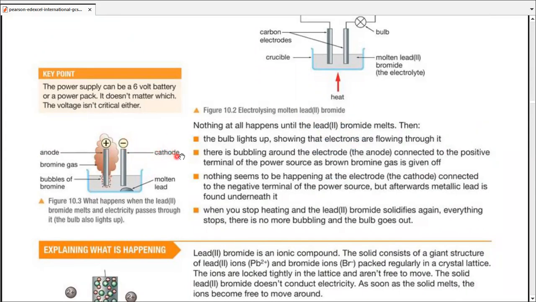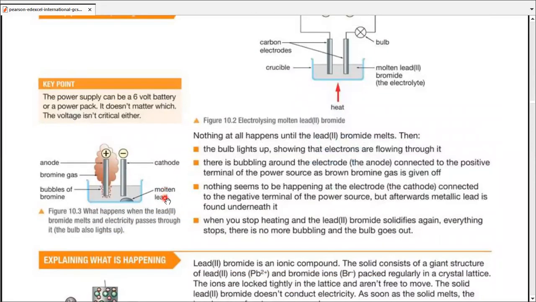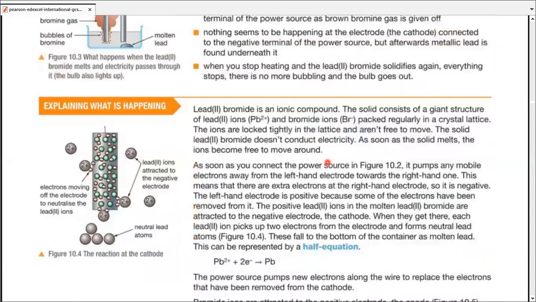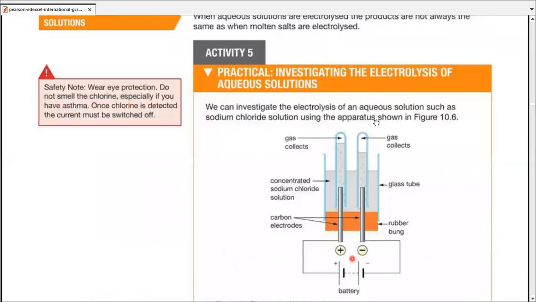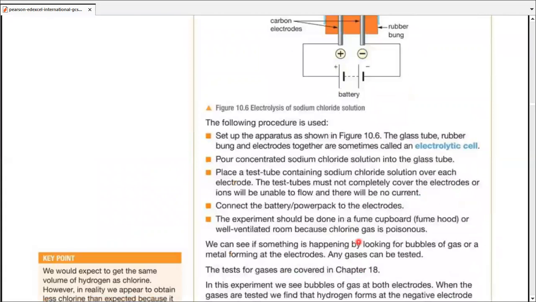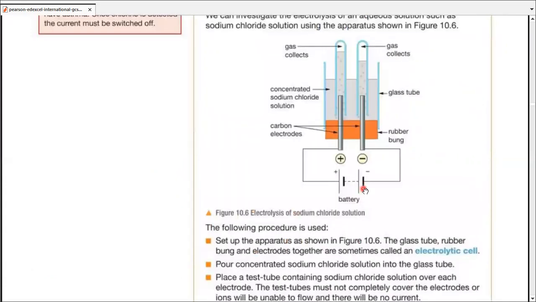They tried to show you the apparatus, but as soon as you are supposed to perform it at school or in a lab, you must know that for bromine, chlorine or fluorine, since they're all poisonous, we're going to draw that diagram and not this one. So I wanted you to see the difference between the two and know which one you need to draw if that comes as part of the question, although that is very rare in Edexcel exams, but still, you should know how to cater to it.